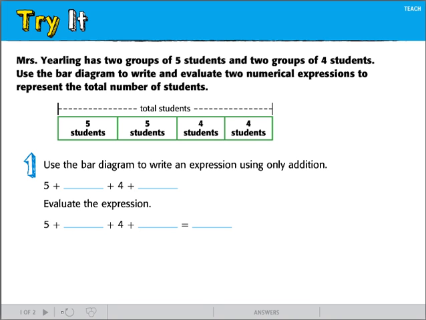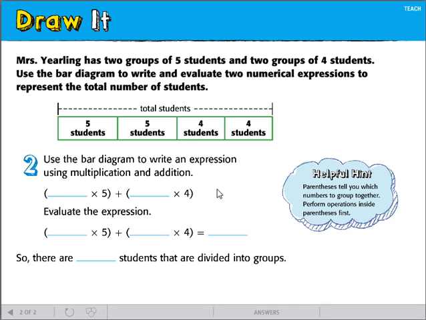Now, moving on. So another way that we can show this is by showing how many groups of each number there are and using multiplication. All right. So now I'm going to go what times 5 plus what times 4 will give us the number of students.